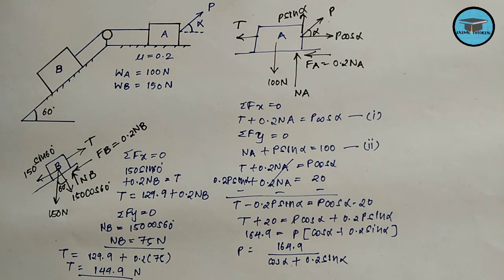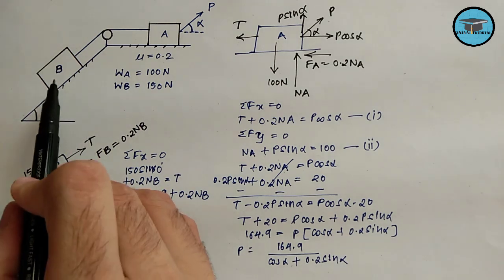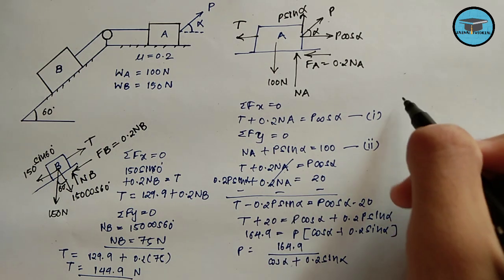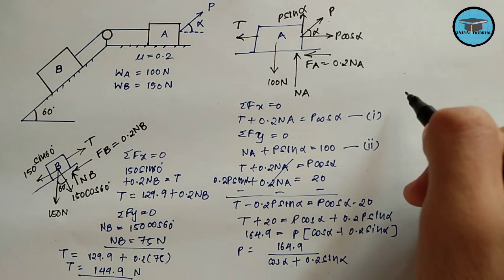Now we need to determine the minimum value of P required to raise block B in the upward direction. To determine the minimum value of P, we differentiate this with respect to alpha.